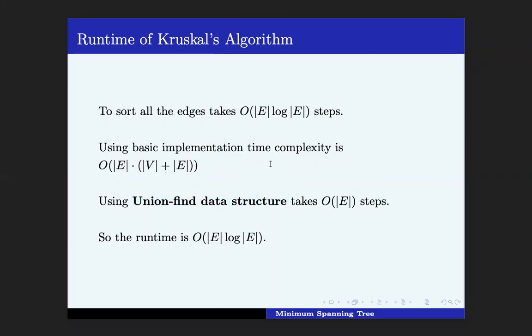And that would basically imply that the total runtime of Kruskal's algorithm would be order E log E. So the basic implementation gives you order E squared because of this DFS and BFS every time you do the for loop. But if you have some other clever union find data structures, then you will be able to do it in much smaller time.